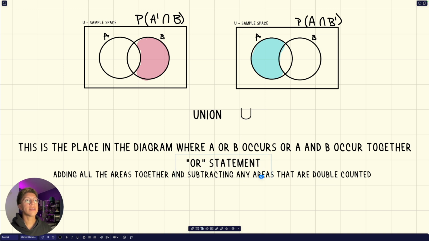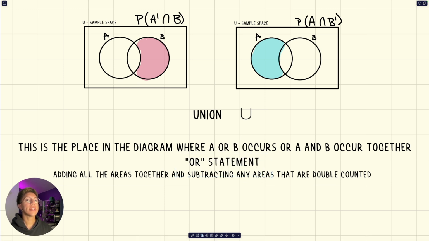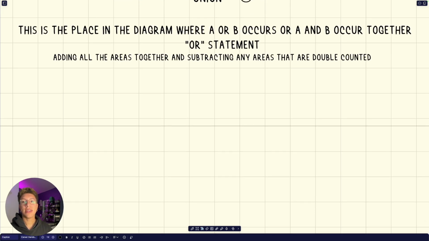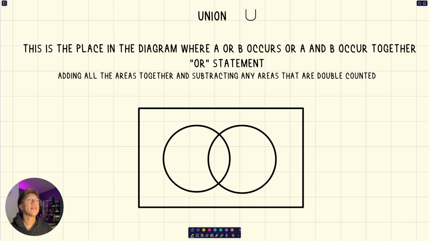So what does that look like? Well, the very first thing we need is a diagram for us to use. And let's grab one of those to put in. All right, so for our union, again, this is going to be our OR statement. If our two circles are labeled as A and B, and we ask the question, what is the probability of A union B?